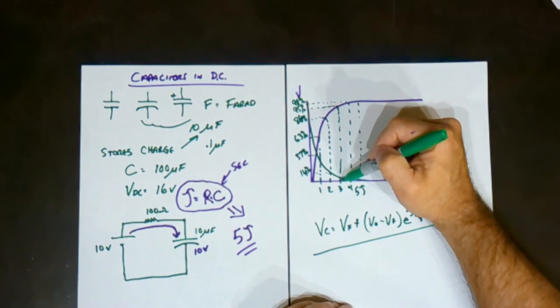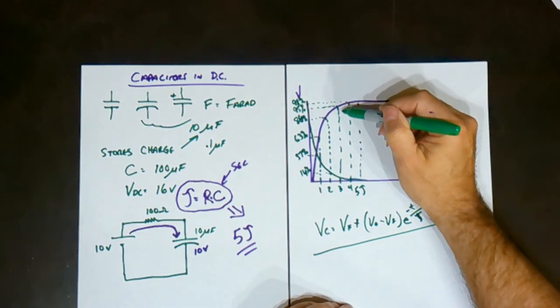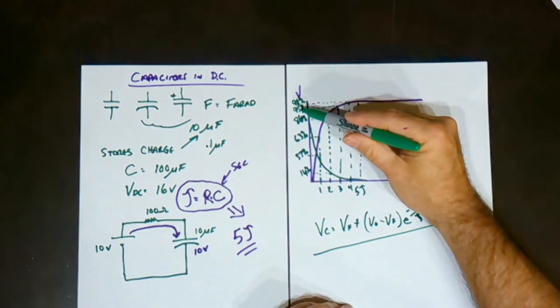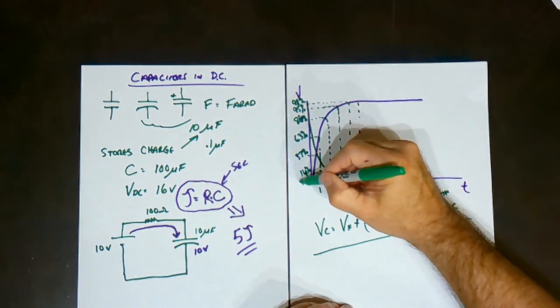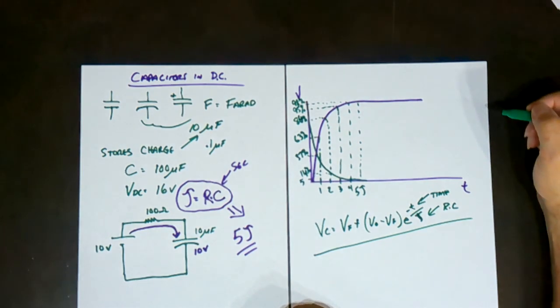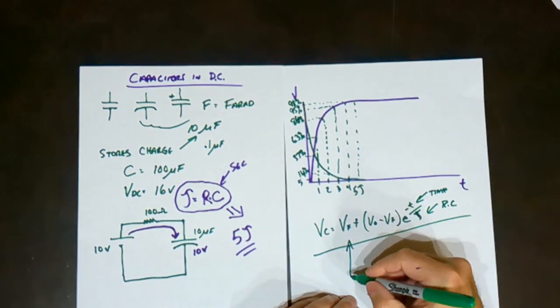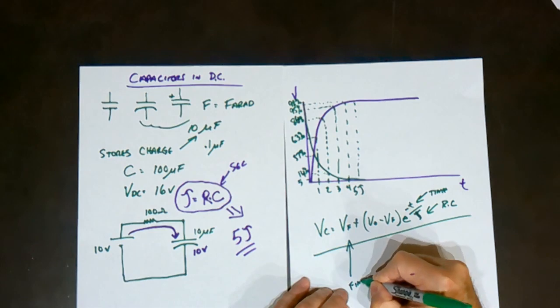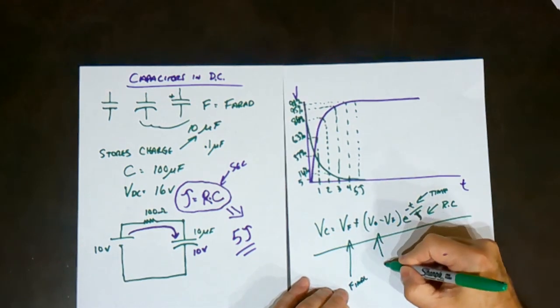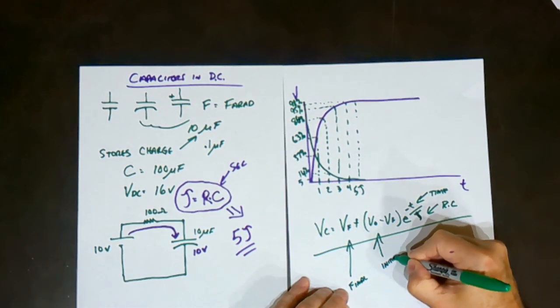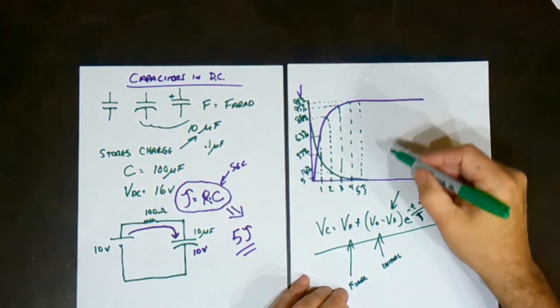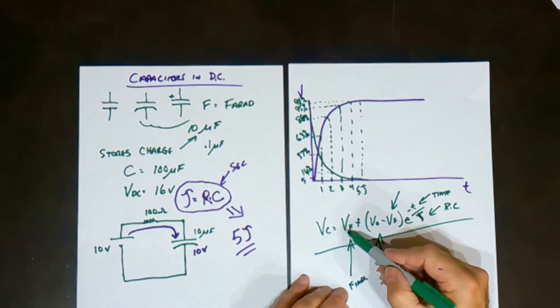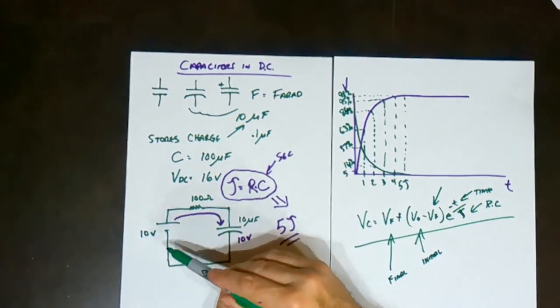So, 3 tau, I either gain 95 on a charge or I lose 95, and what I'm left with is 5. You get the picture. This is your final value. This is your initial. So if we are charging, the final value is full charge, so that would be, in this example, 10 volts.